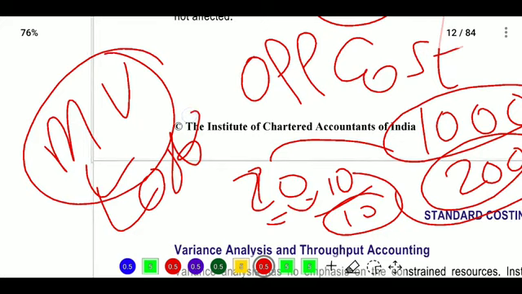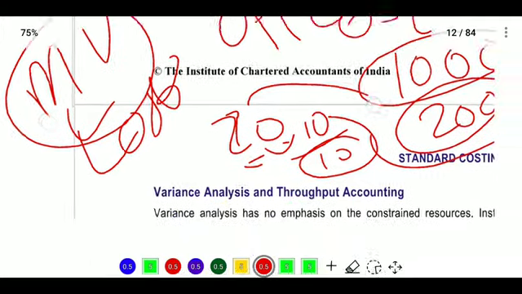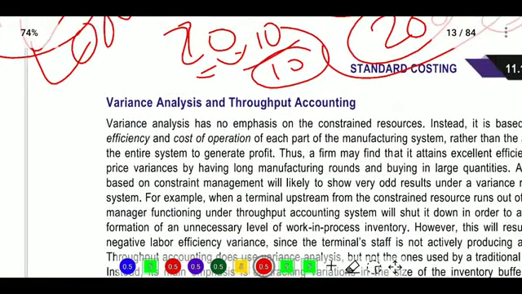Next, variance through throughput accounting. Here the relevant cost approach applies where inputs are limited.